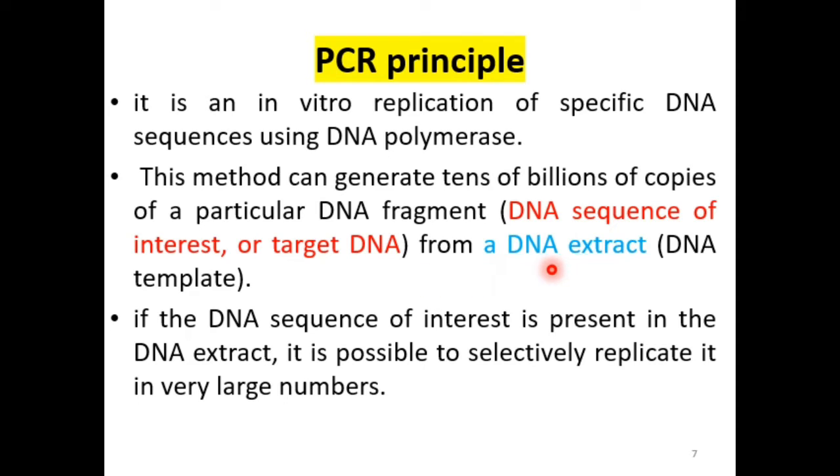And of course, this is present in the DNA extract. So we need to extract the DNA, okay? And then we will do the amplification of this DNA by PCR.